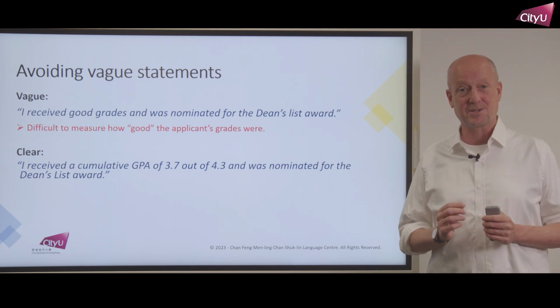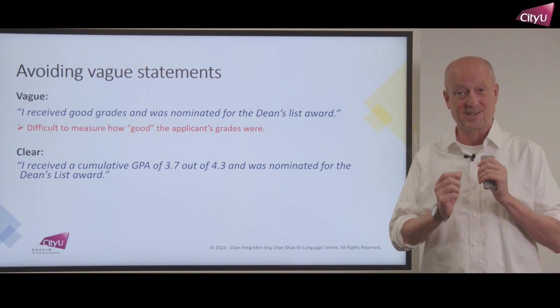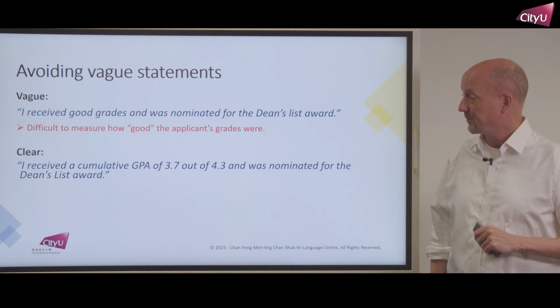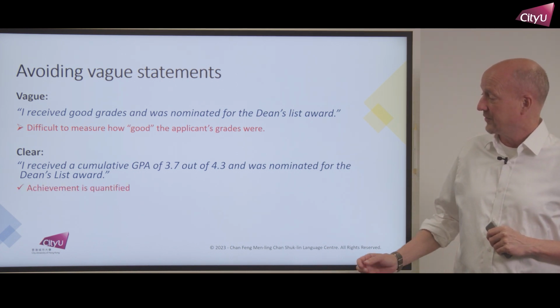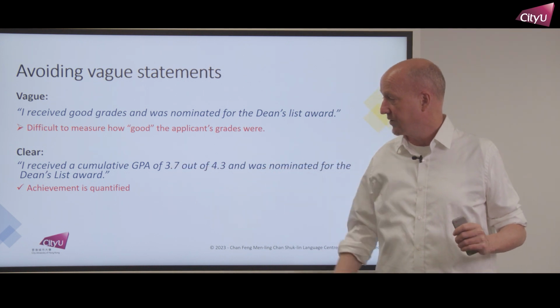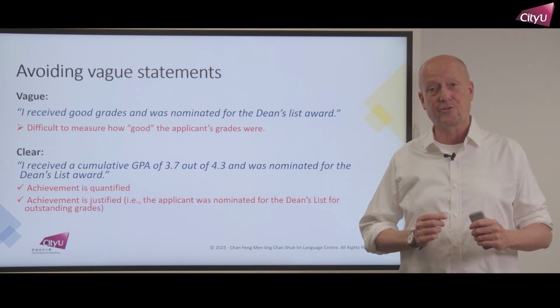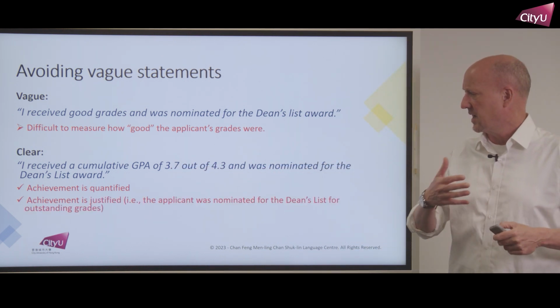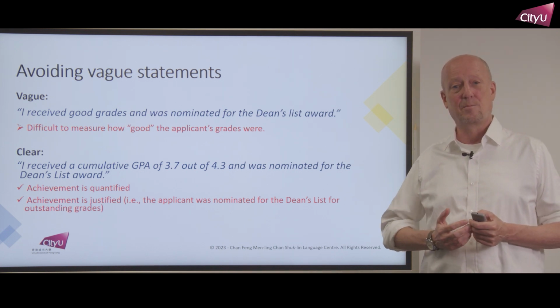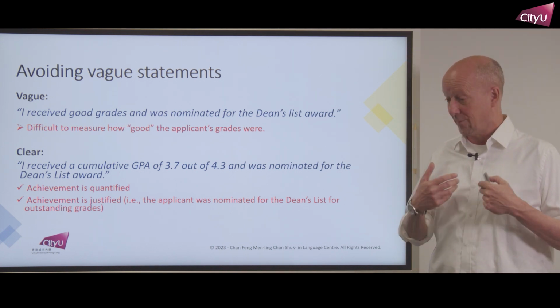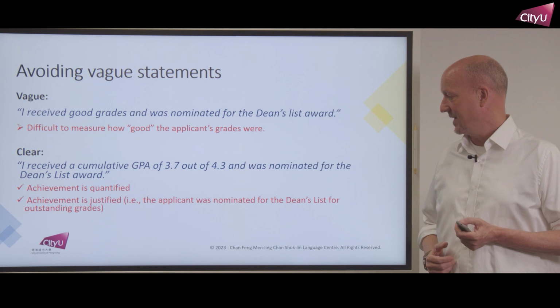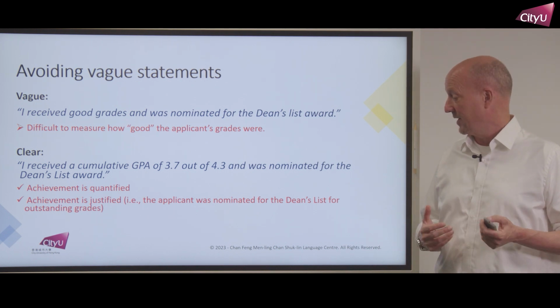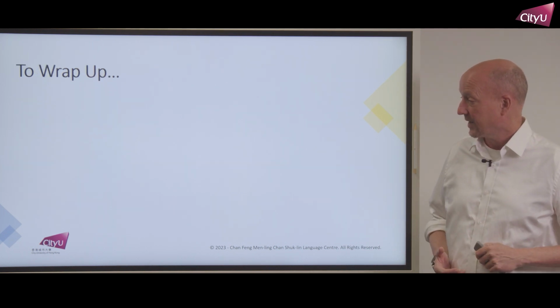Being on the Dean's List, that's already specific. That's exactly the kind of thing you should include. So, in this case, the achievement has been quantified. And also it's been justified, it's been kind of elaborated. So because this applicant had that GPA of 3.7, it meant you were nominated for the Dean's List.